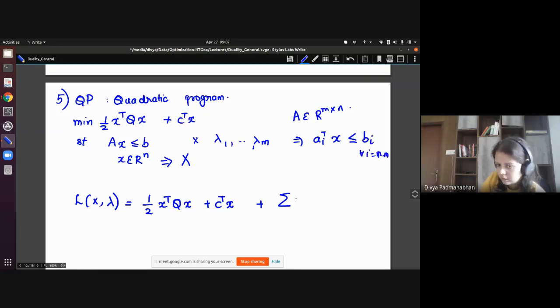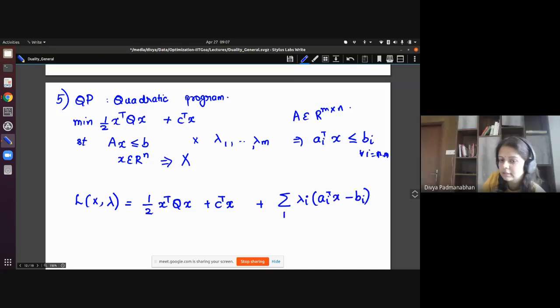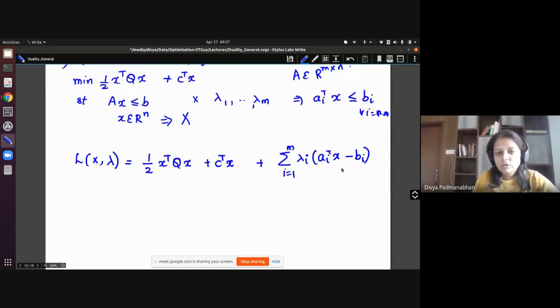So this is the Lagrangian. You could also write this in short form as lambda transpose (Ax minus b).